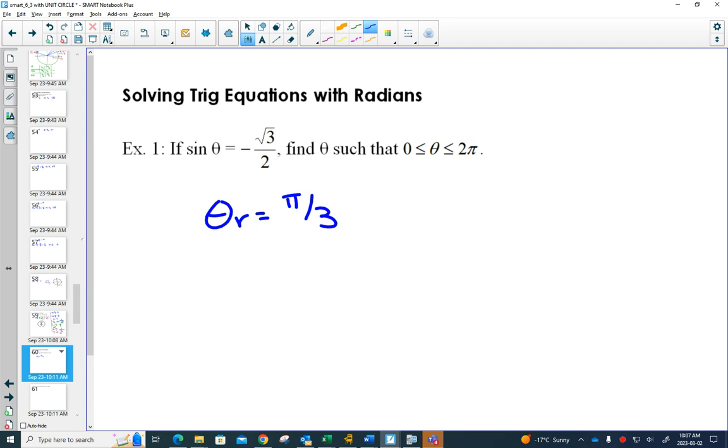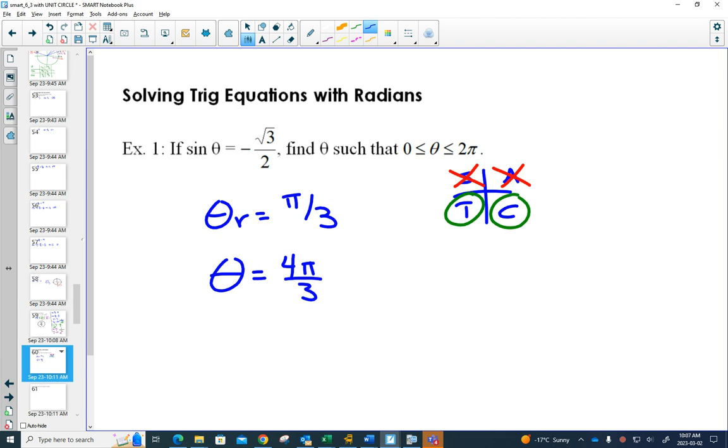Once I know that my reference angle is pi over 3, the actual answer to this, because of our CAST rule, it can't be in quadrant 1 and 2 because sine is negative, so it needs to be in quadrant 3 or 4. What is your pi over 3 family in quadrant 3? 4 pi over 3.